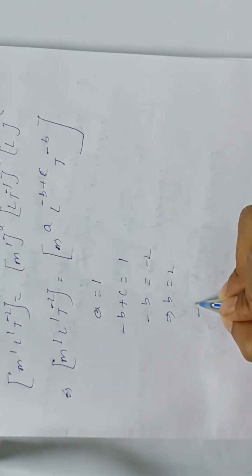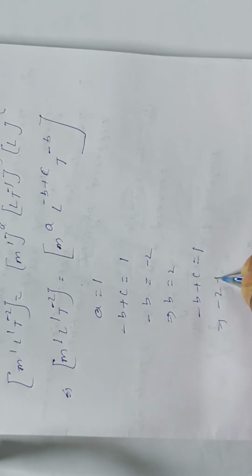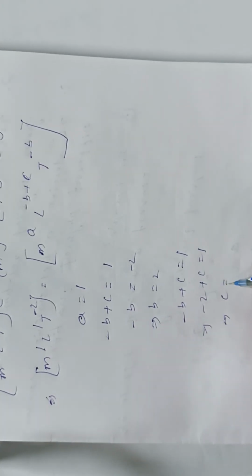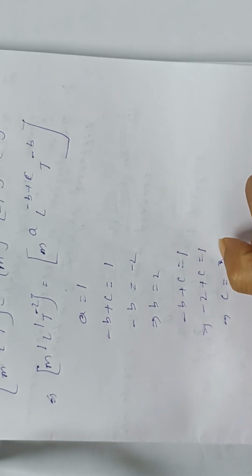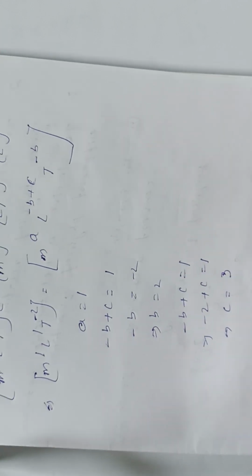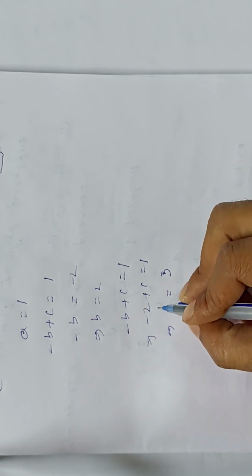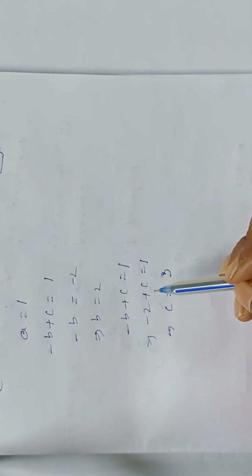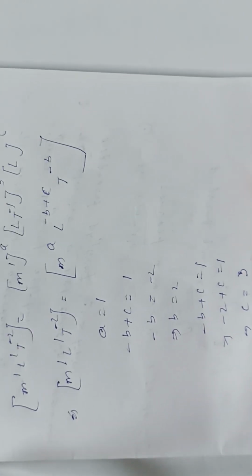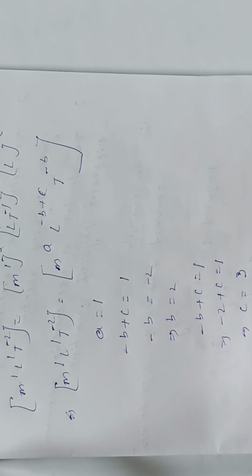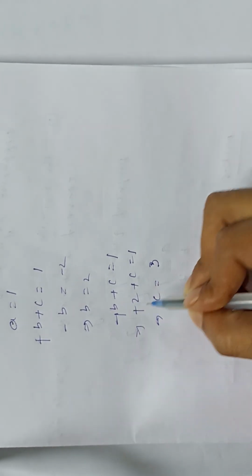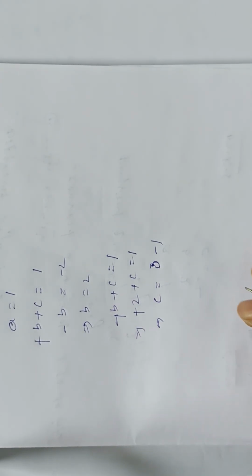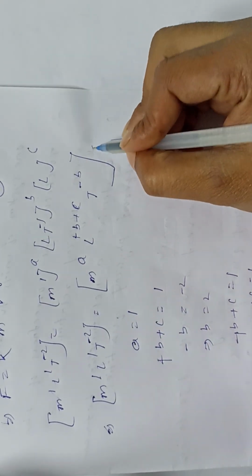If b equals 2, then b plus c equals 1, so 2 plus c equals 1, so c equals minus 1.